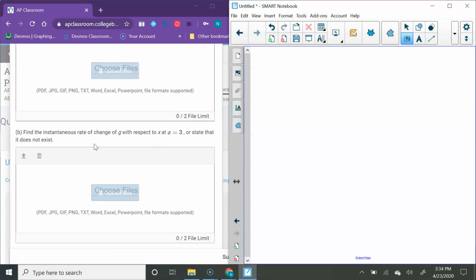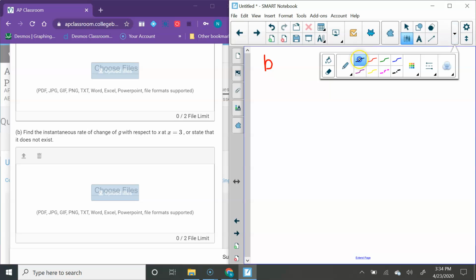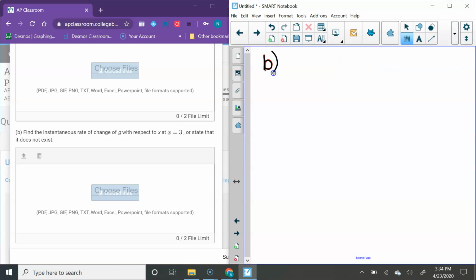Okay. Part B says find the instantaneous rate of change of g with respect to x at x equals 3, or state that it does not exist. This part is actually really quick. Let me go back to black here. This part is really quick because we're wanting instantaneous rate of change, which is the derivative of g.